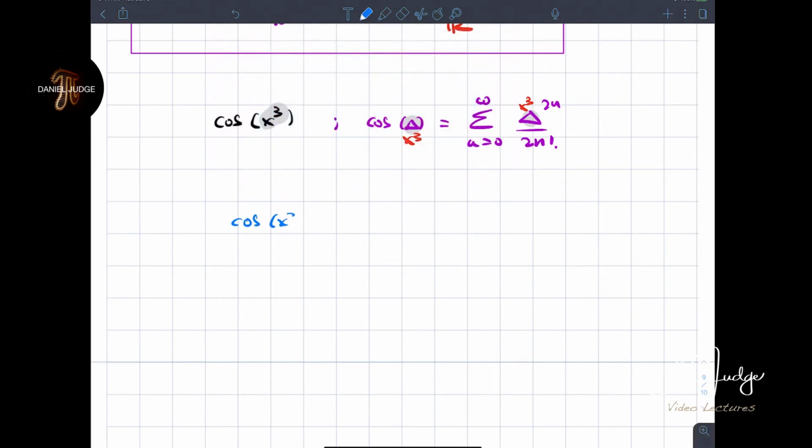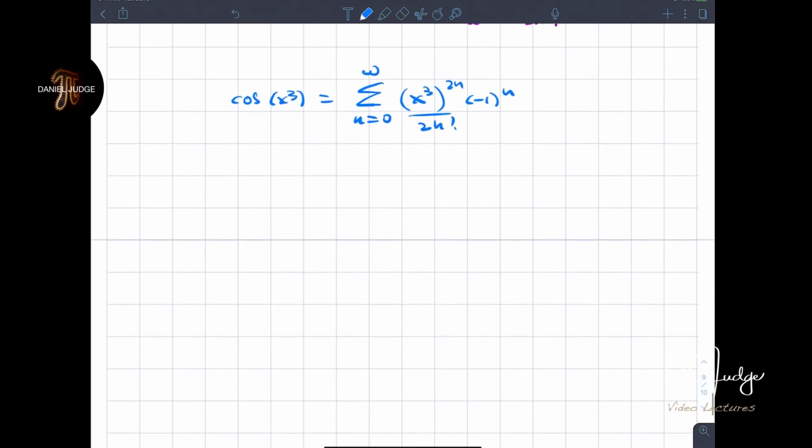So cosine of x to the third power is the summation, n is 0 to infinity, of (x to the third)^(2n) over (2n) factorial, and don't forget that (-1)^n.